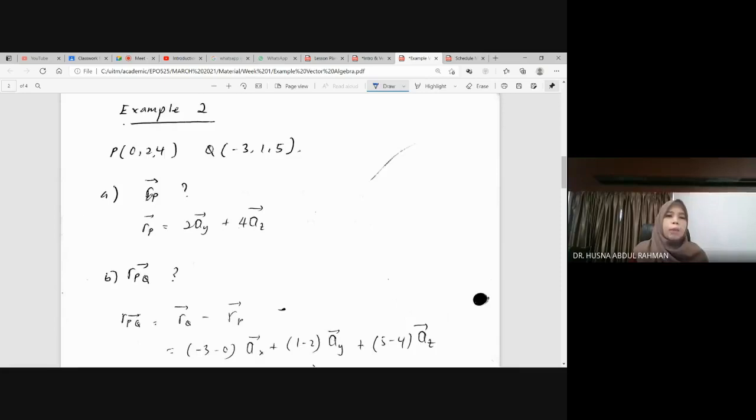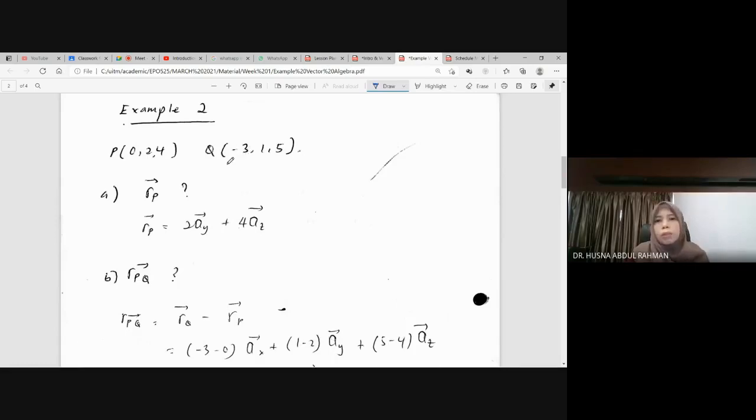Can you determine position vector P? So position vector P is equal to 2ay plus 4az, referring to here. Because x, the magnitude is 0, so you don't have any component for ax. Okay, this is your position vector P. What about position vector Q?